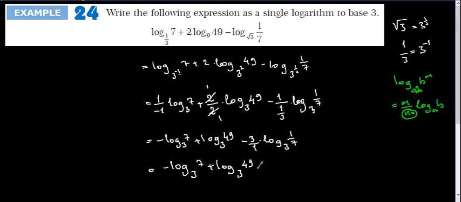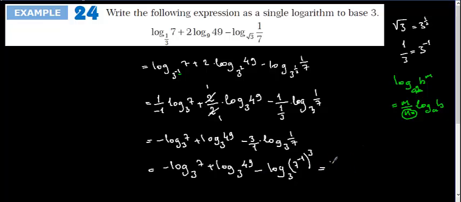So we can do it like this: minus logarithm 3 of 7 to the power of minus 1, to the power of 3. 1 over 7 is equal to 7 to the power of minus 3. Now in front of the logarithms there is no coefficient, and the signs are minus and minus.